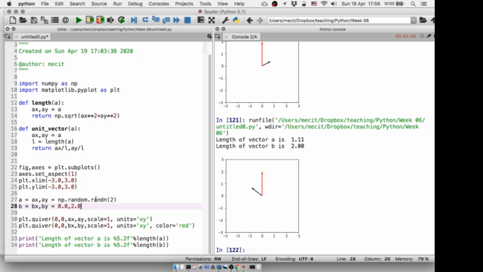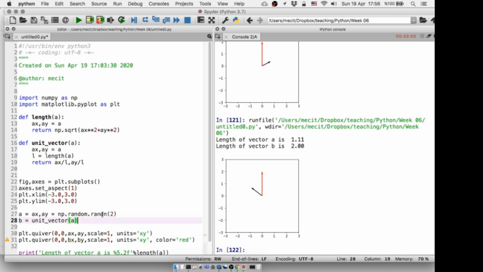So in this case, let's change this program a little bit to make B the unit vector of A. Okay, look at this.